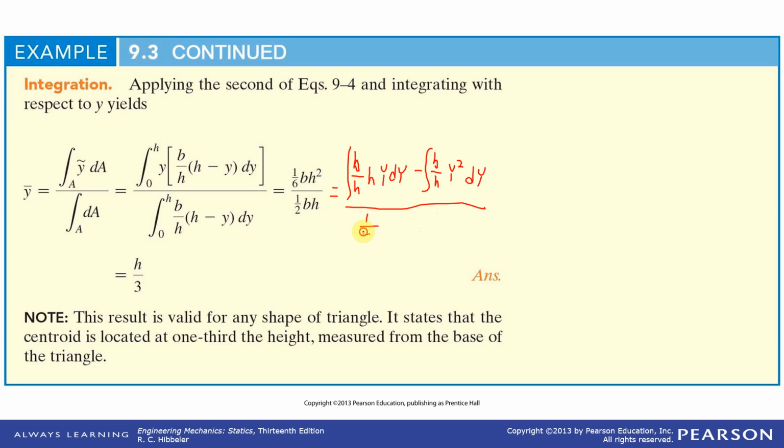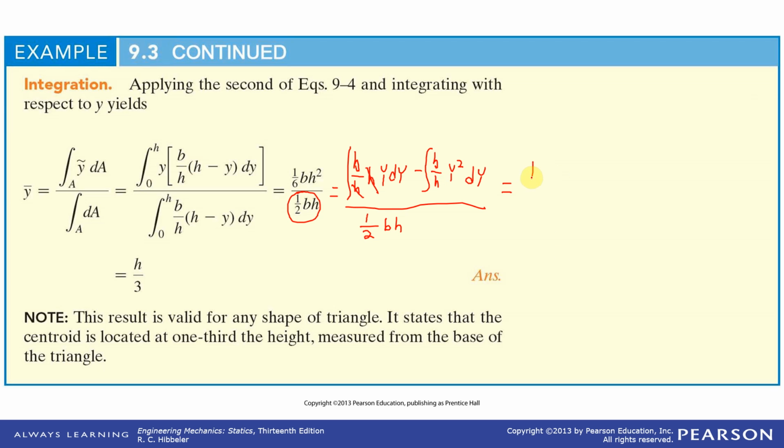You guys know that stuff. Don't need calculus for that. 1/2 base times the height. So that'll cancel out. Something's wrong here. b over h. Oh, I forgot an h here. Oh, no, I didn't. I'm fine.